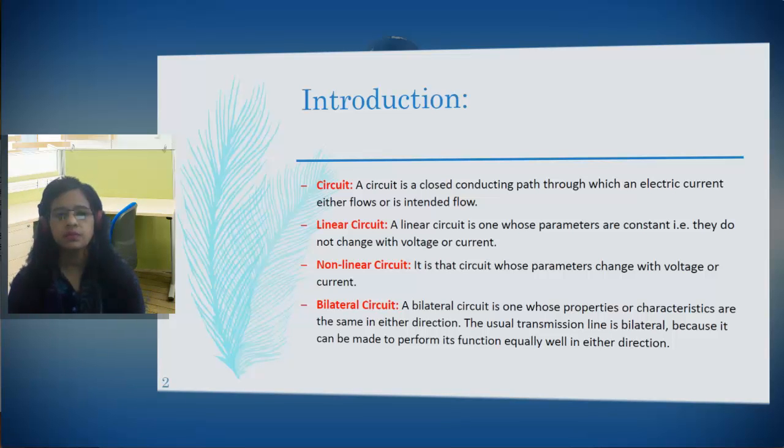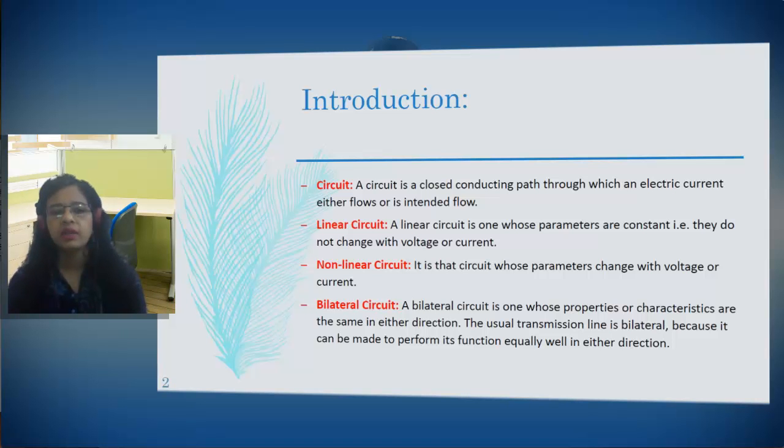Next is linear circuit. Before describing a linear circuit, I will describe what a linear element is. A linear element is an element whose property does not change with change in voltage or current, that is, it has a constant value for a particular voltage and current.